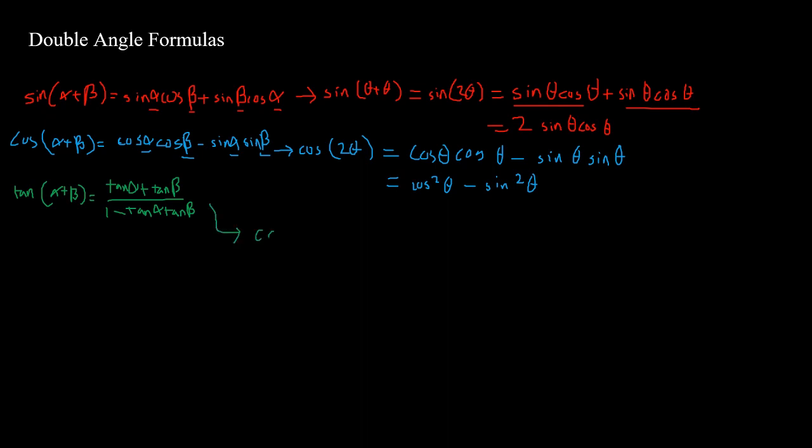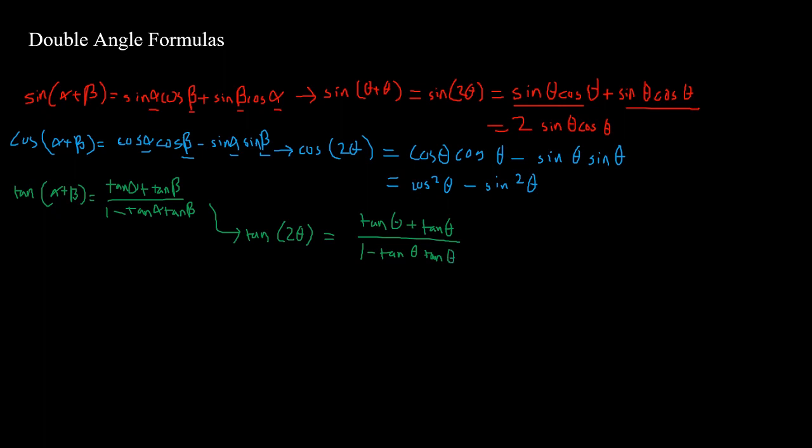And for tangent, tangent of 2 theta, or tangent of theta plus theta, you're going to get tangent theta plus tangent theta over 1 minus tangent theta times tangent theta.